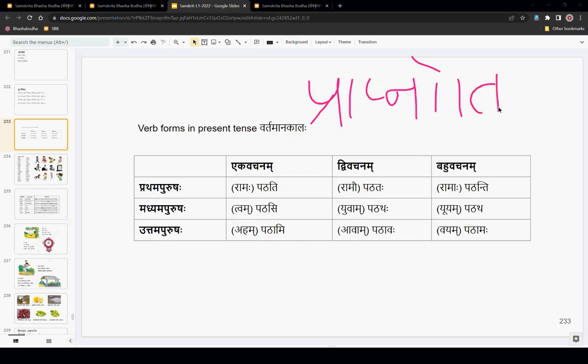Sujata Bhagini, namaskara. Namaste, Mahodaya. What is the example, one vakyam rachayatu? Prapnoti, using prapnoti.